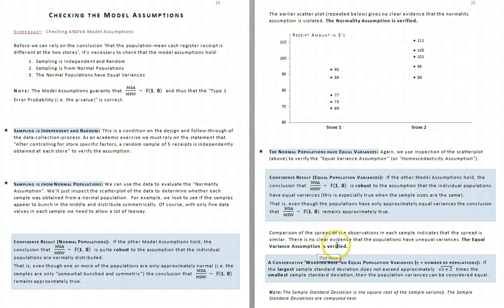I'll ask you to use the working rule in homework. Even though we don't need it in our 2-store example, let's apply it anyhow for practice.